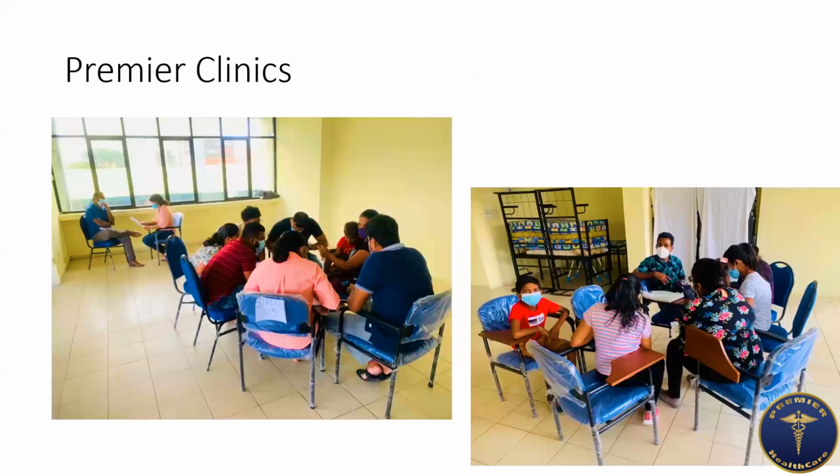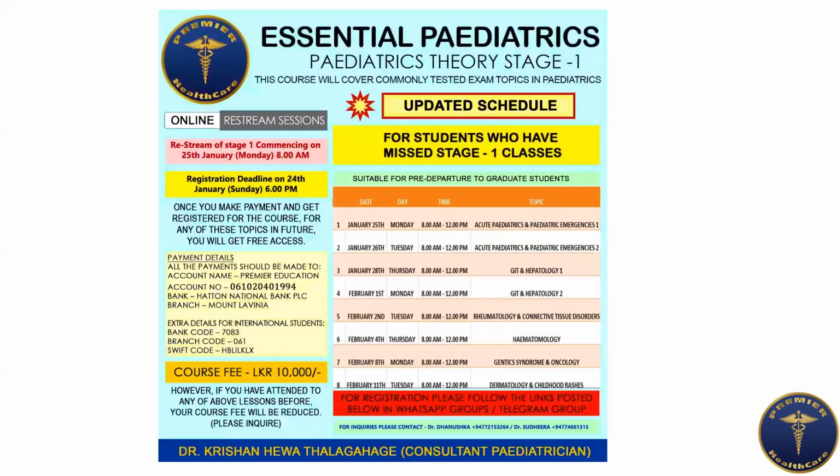And this is the theory program that we will be starting on Monday, right? It's important to know theory before coming to these clinical sessions. Generally it's better. So we will start theory on Monday, the 25th. Stage 1 will have the most important topics in pediatrics: acute pediatrics, acute care handling, emergency handling.